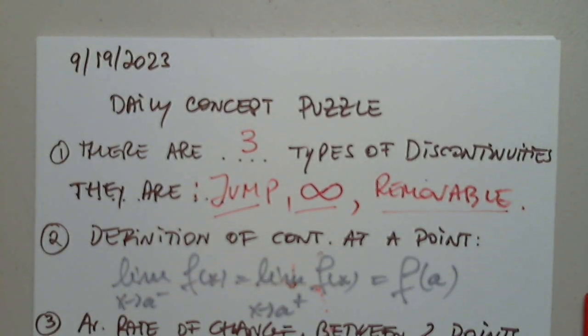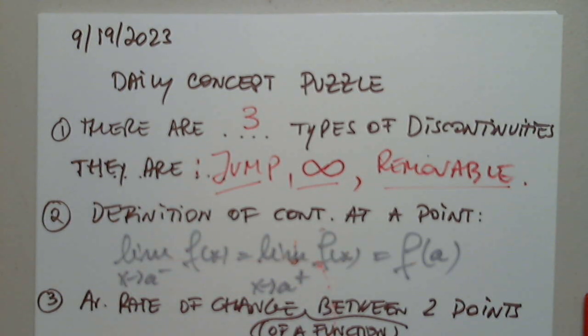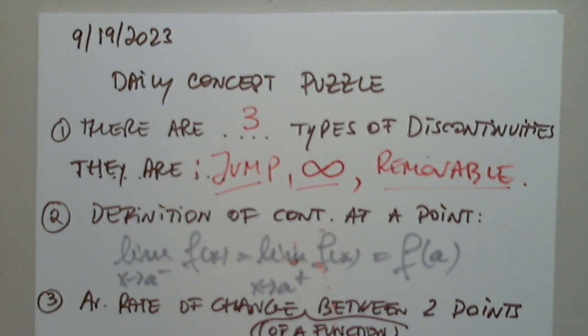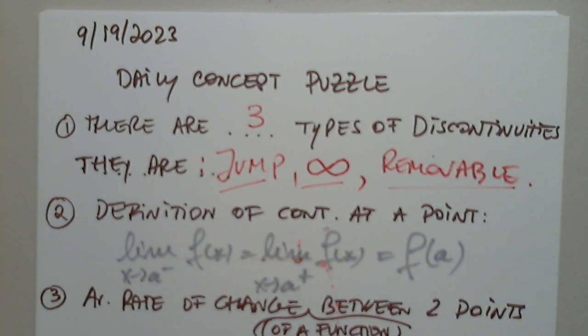So I'm begging you to redo the notes first and watch the videos. I'm begging you, please. The average rate of change of a function, of course, between 2 points is, can anyone dictate the average rate? Anyone?